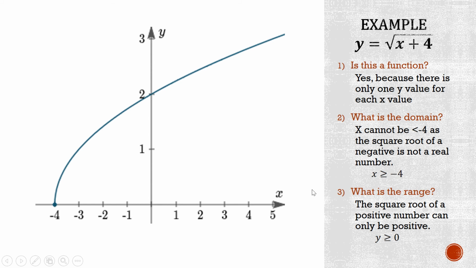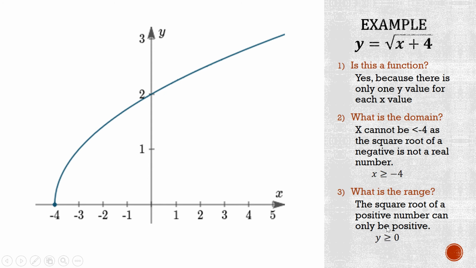So our domain: x cannot be less than -4, so x is greater than or equal to -4. And because y cannot be negative, because you can't have a square root and it be negative, y is greater than or equal to 0.